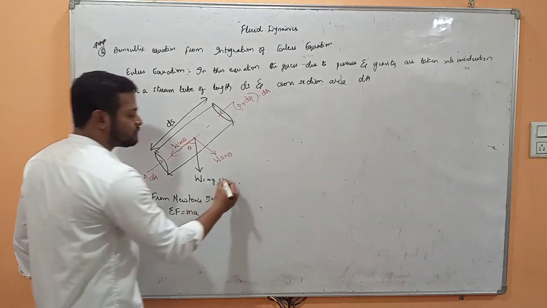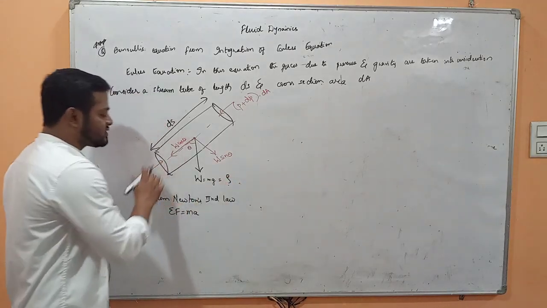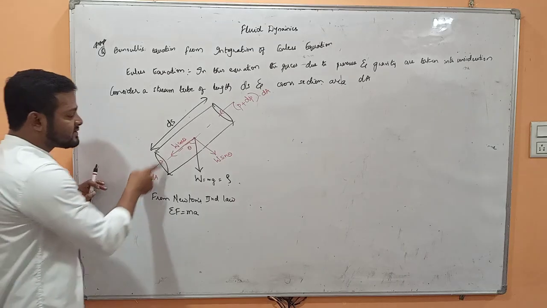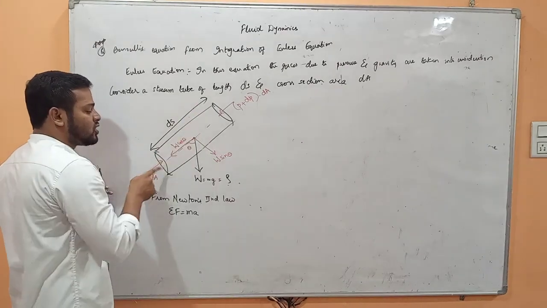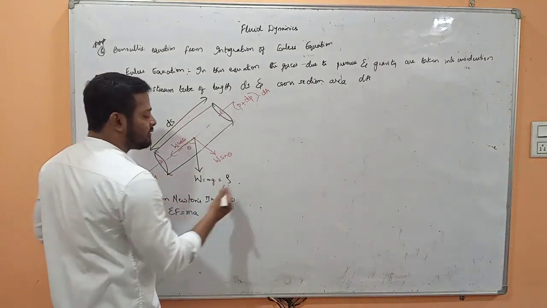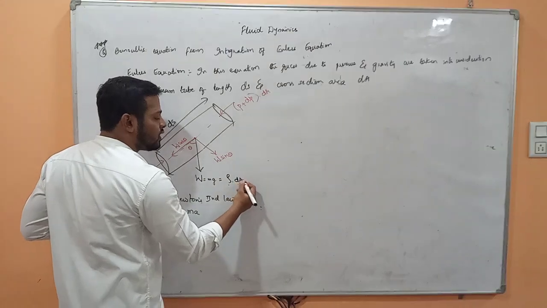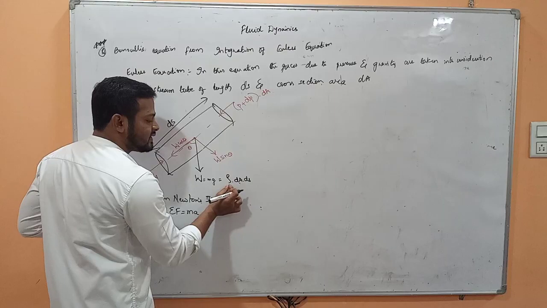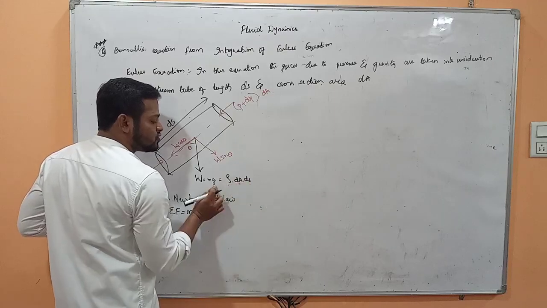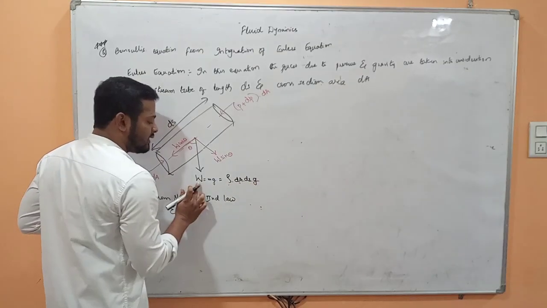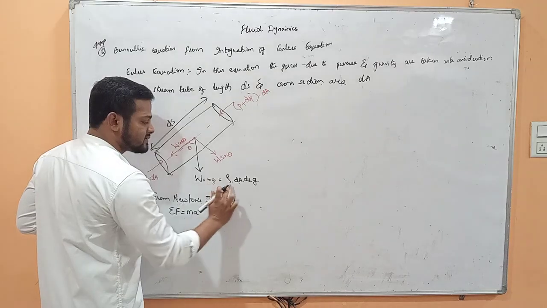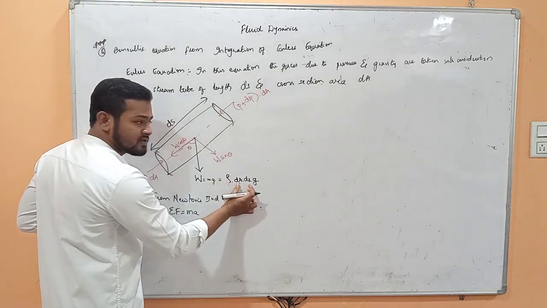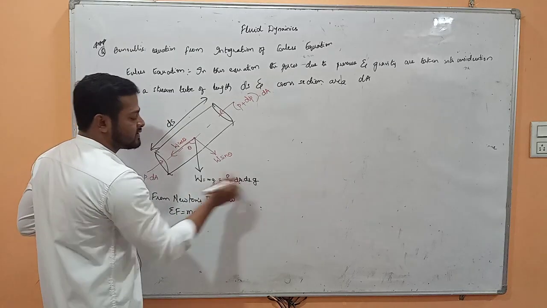Density is rho. And what is the volume of this? Volume is area of cross section into length. So dA into ds will become your volume. So rho into dA into ds is the volume. So mass is density into volume. So g as it is. So W is mg. Mass is density into volume, because volume is dA into ds. g is as it is.